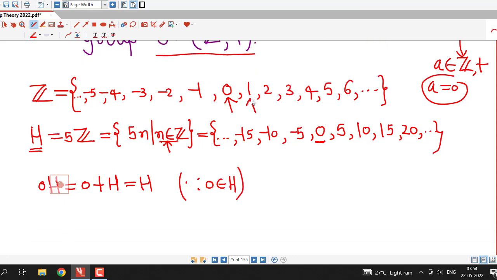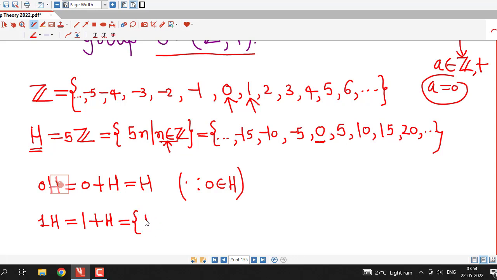Now we take a equal to 1, that is 1 times H, that we can rewrite in another notation as 1 plus H. Now 1 is not present here, so we use the definition of left coset.